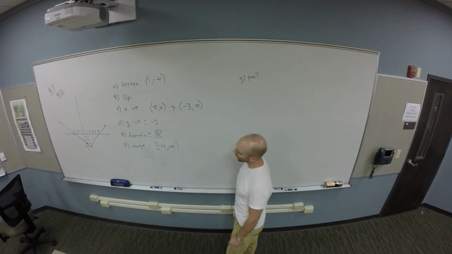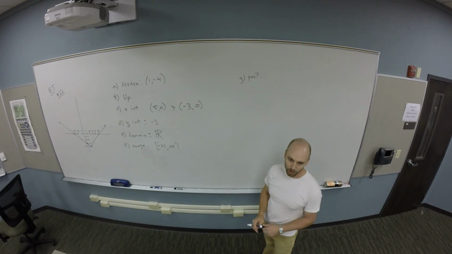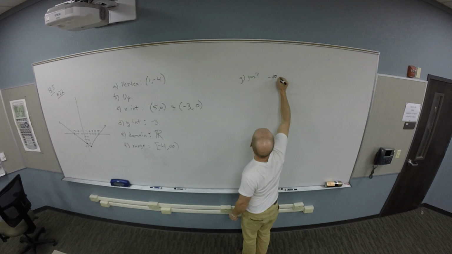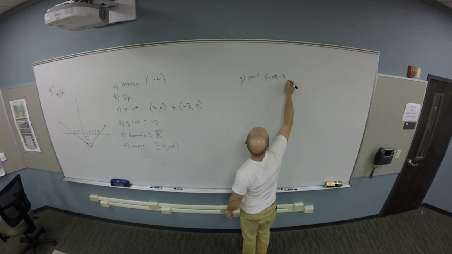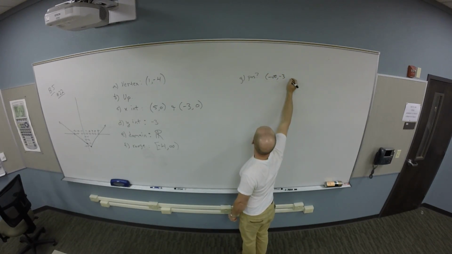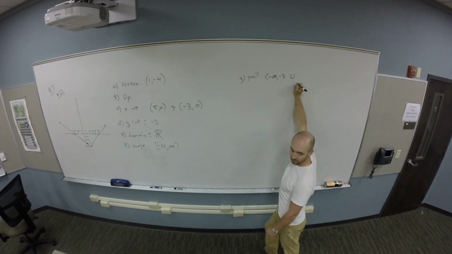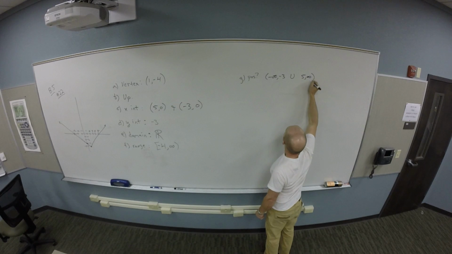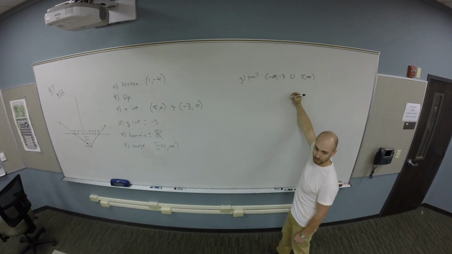So what are the x values for which this thing's positive? -infinity to -3, union 5 to infinity. What brackets do you put on this?